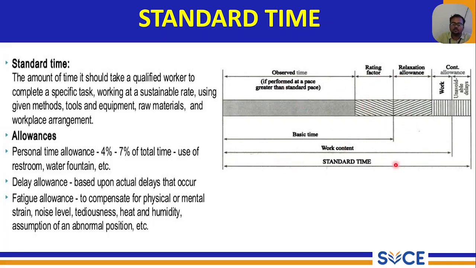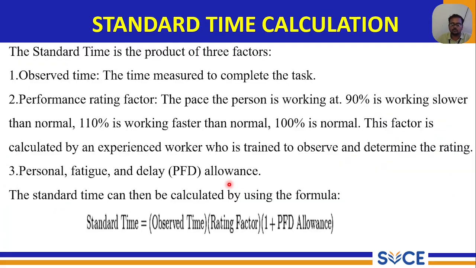So the standard time is cumulative: your observed time added with your rating factor gives you your basic time, basic time added with your allowances gives you your work content, and work content added with your contingency allowances gives you the standard time. This is the standard time you have to fix for a particular worker to finish a job if all the requirements are provided to the utmost level.